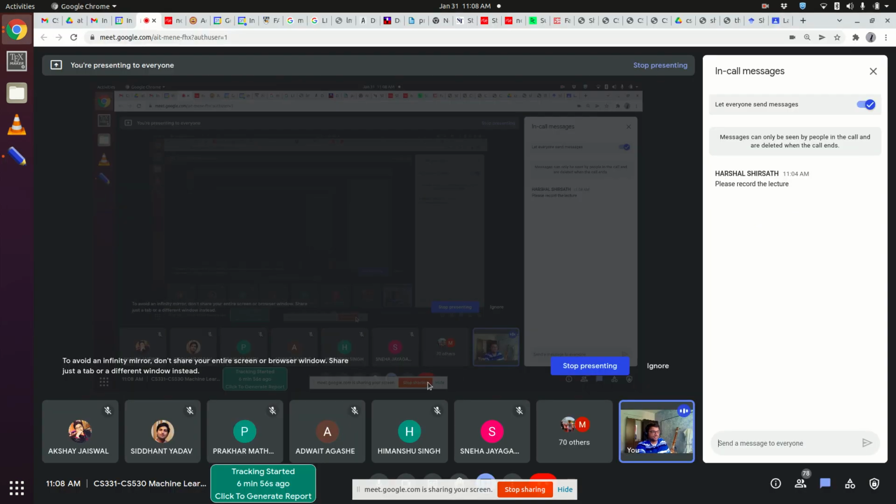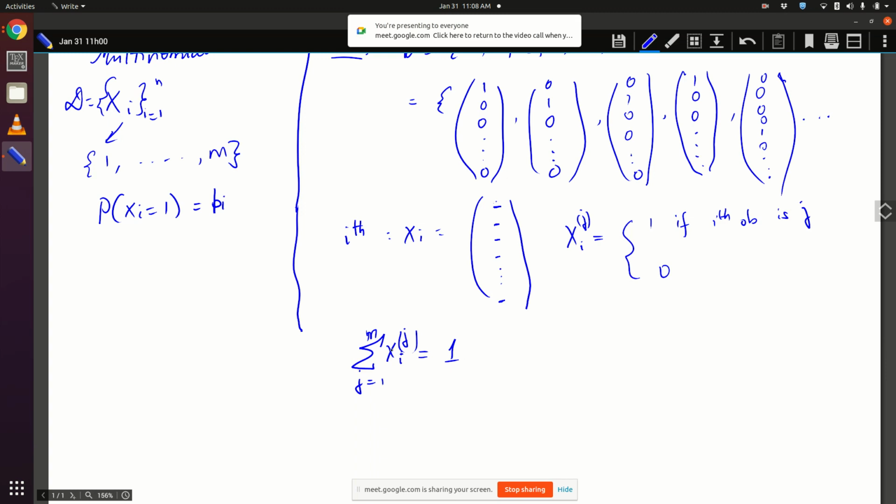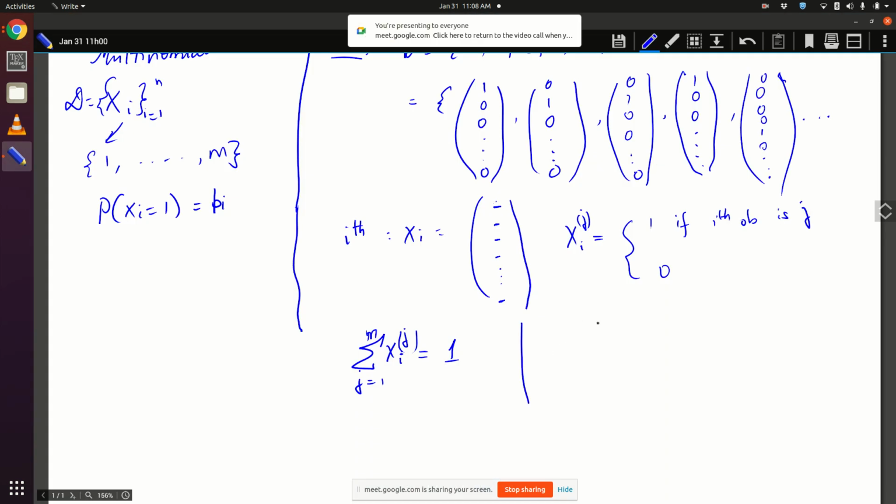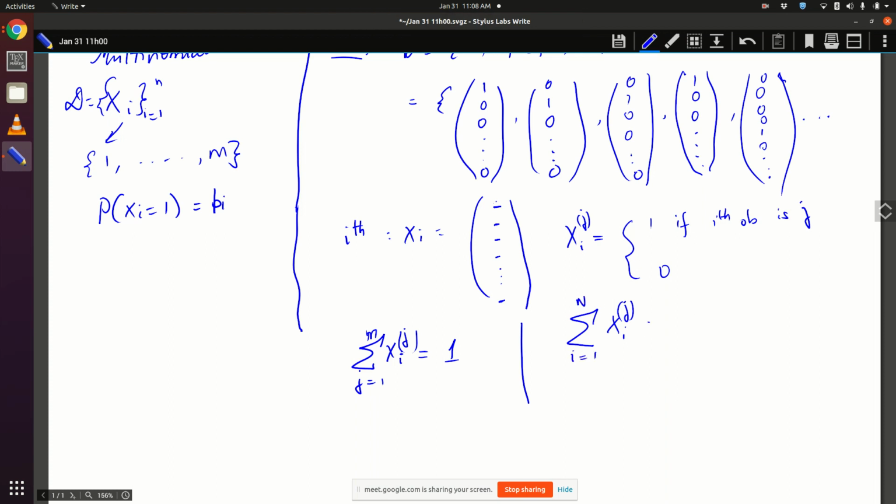Is it clear? I'm summing over j. Okay, what you were saying is this: if I sum over i, going from 1 to n, this is the total number of times j occurs.